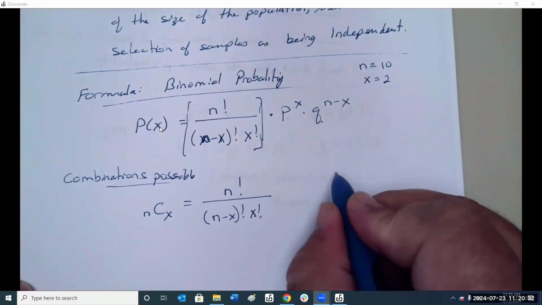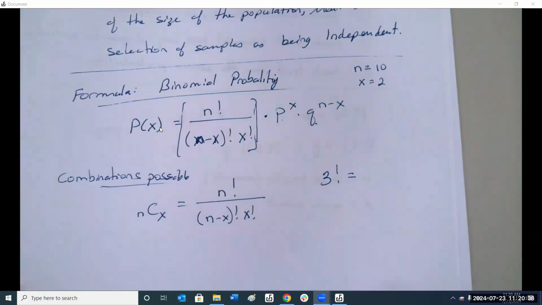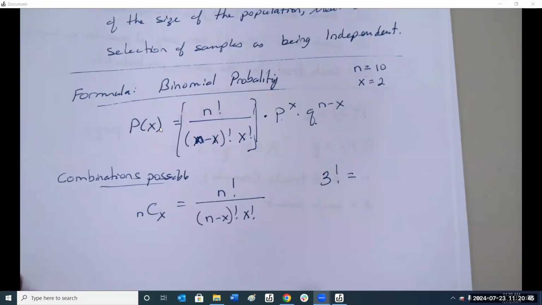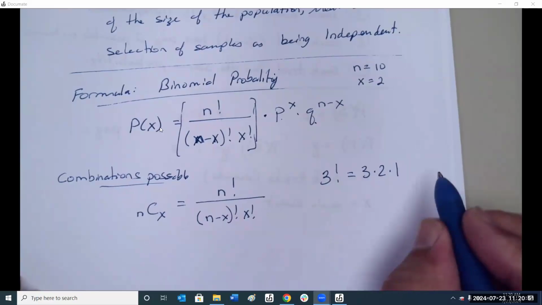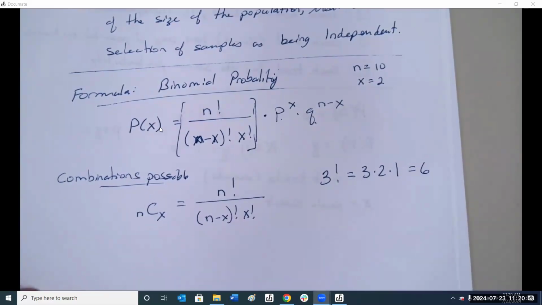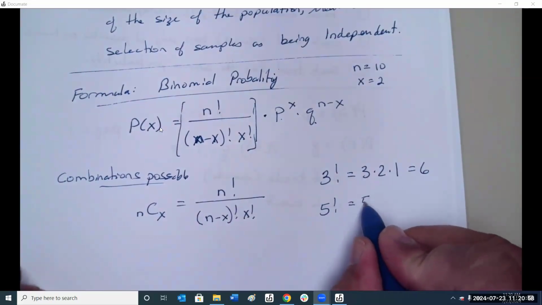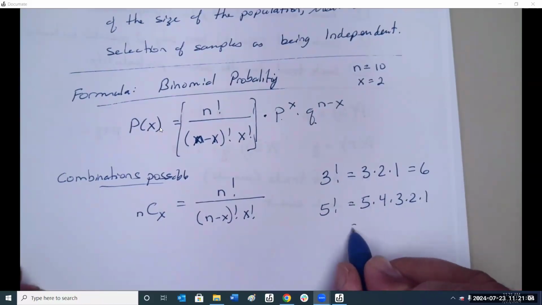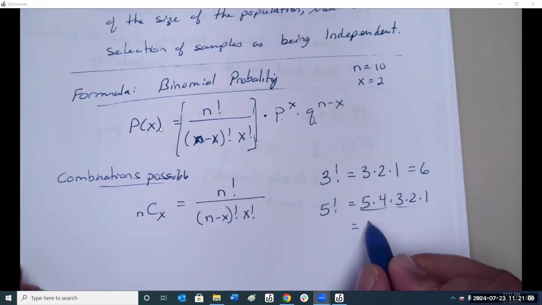So what is a factorial? The exclamation mark is a factorial. What it tells us is multiply everything from that number down to 1. So 3 factorial is 3 times 2 times 1, which is 6. 5 factorial would be 5 times 4 times 3 times 2 times 1. 5 times 4 is 20, 20 times 6 is 120.